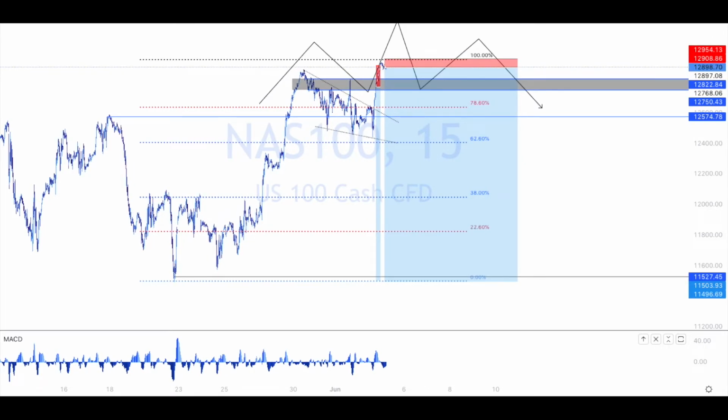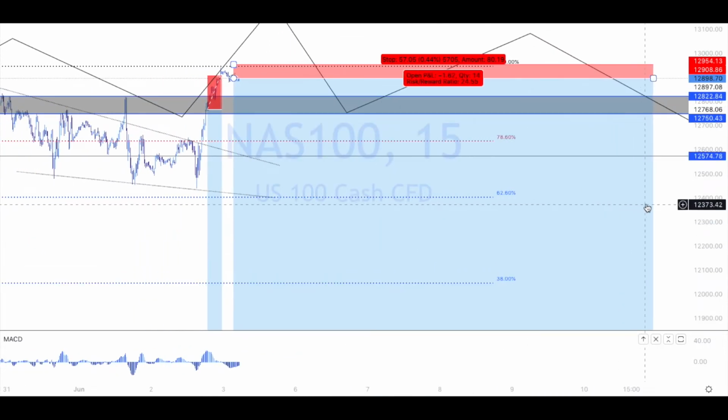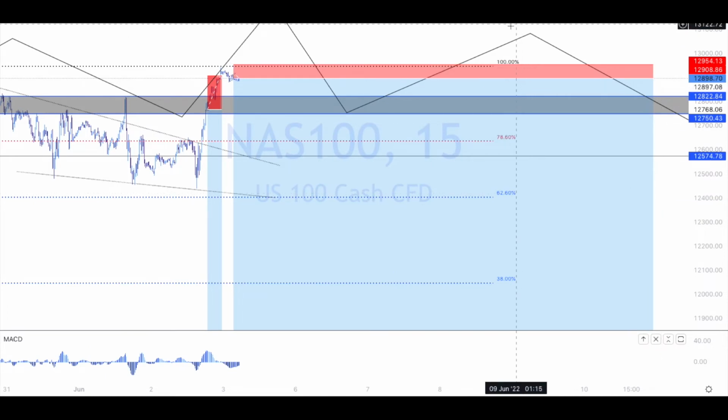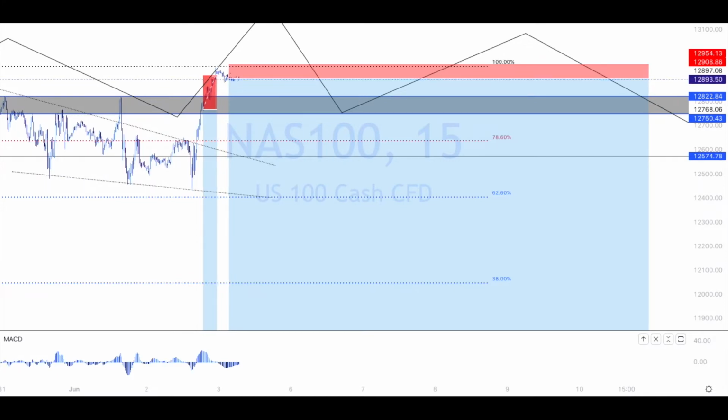Okay, let me zoom in a little bit. Yep, I think that's good.